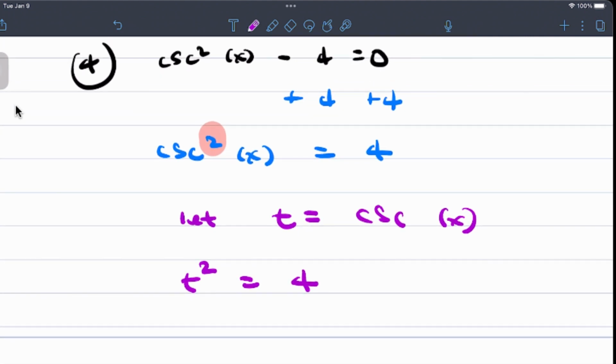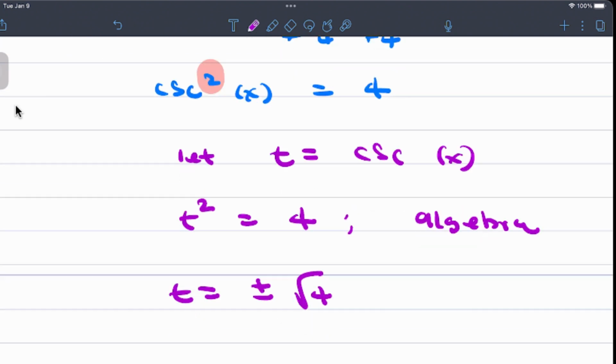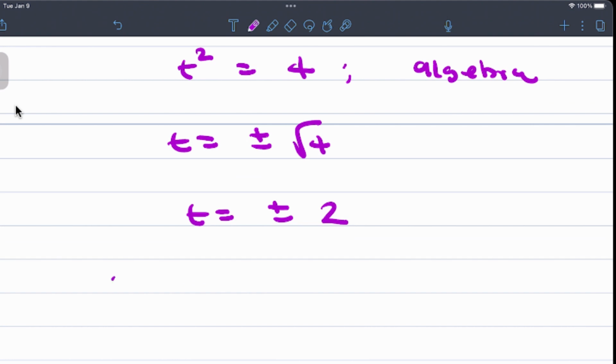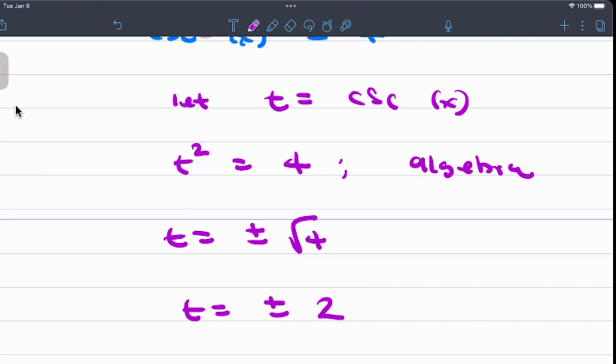Okay, so this is when we get to use our what again? The algebra. Now, what algebra are we using here? Do you guys know? Use t will be what? Plus or minus square root of 4, which means t is going to be plus or minus 2, right? And that's by the square root formula again. So don't forget, the algebra we used here was the square root formula.